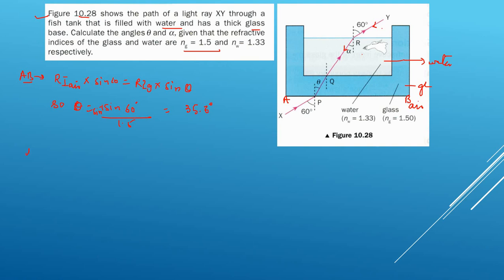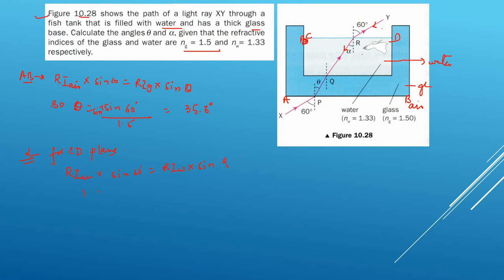For part alpha, think of this as plane B, and you can write CD plane. For the CD plane, refractive index of air multiplied by sine 60 degree in the air equals refractive index of water multiplied by sine alpha.